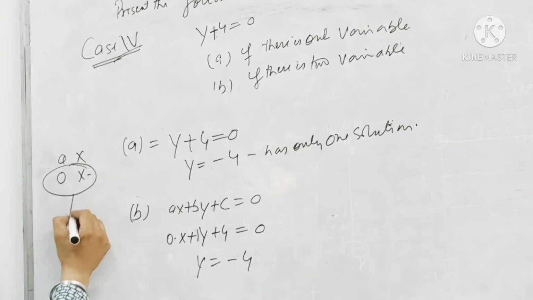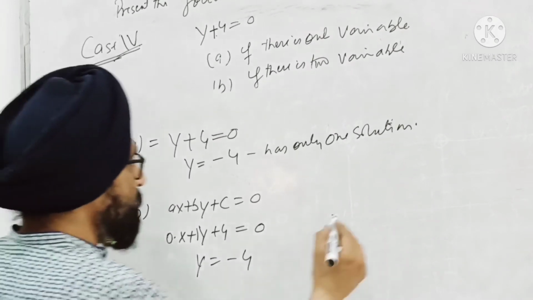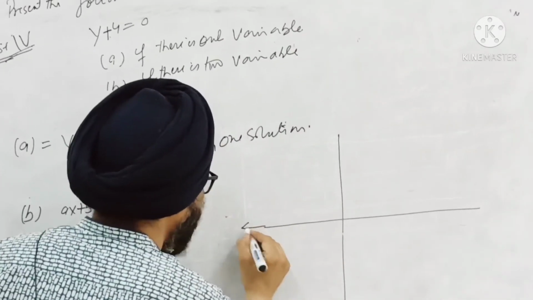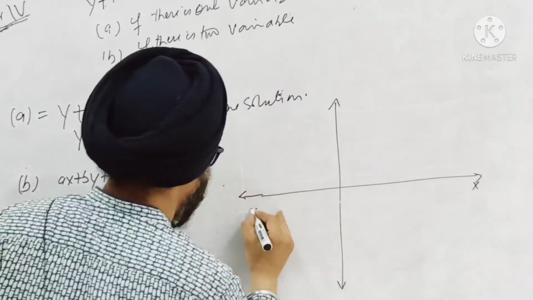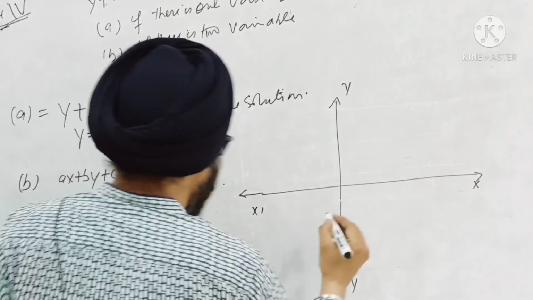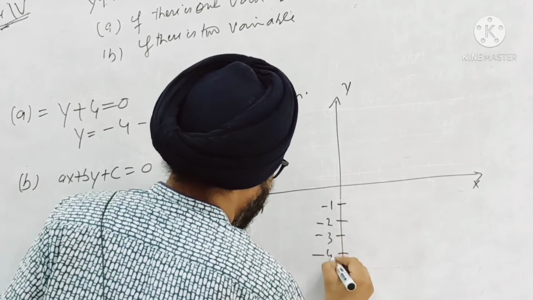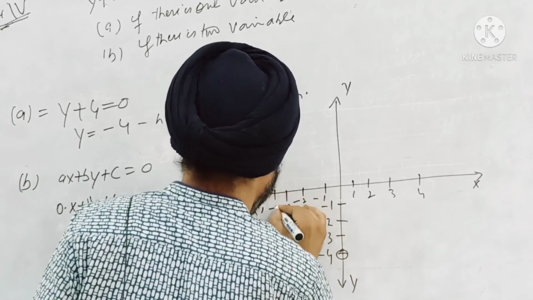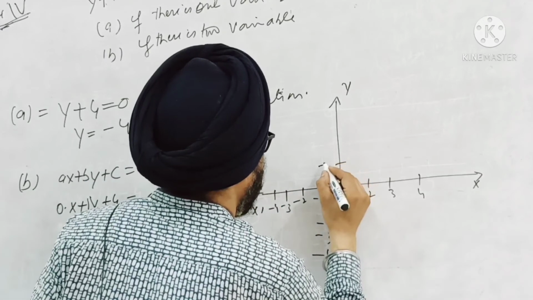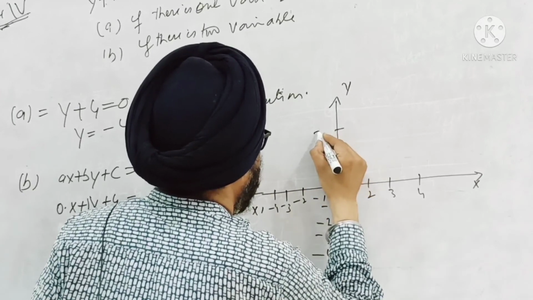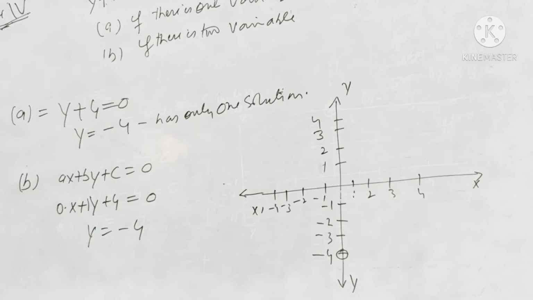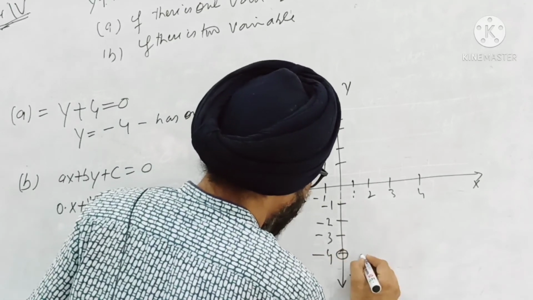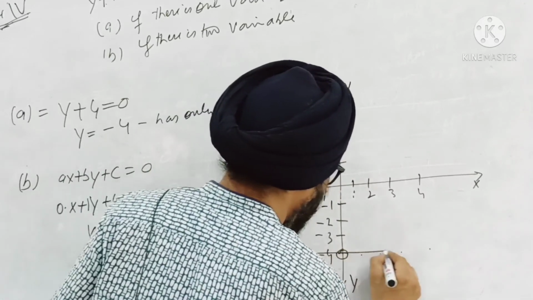But the solution after multiplying it becomes 0. Here y is equal to minus 4, but we don't know the value of x. So maybe x is 1, 2, 3, 4, maybe negative 1. It means it will become a straight line.